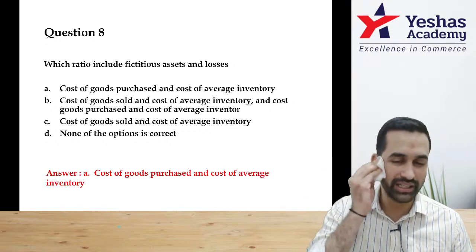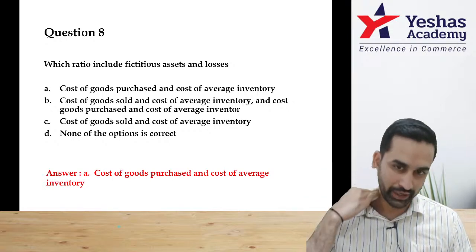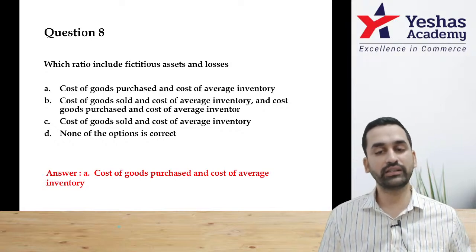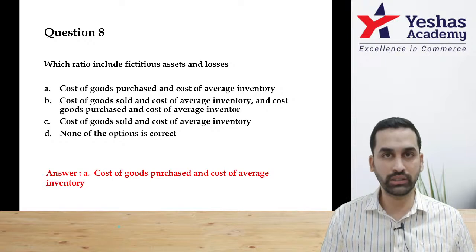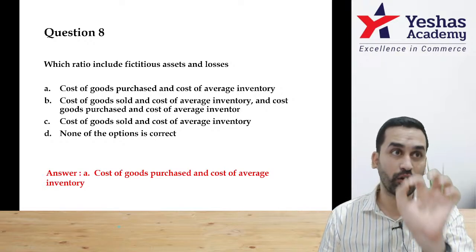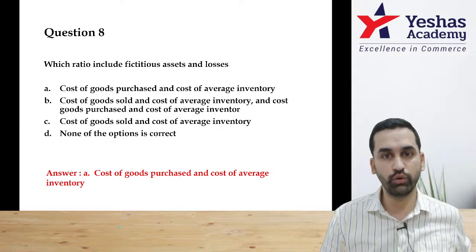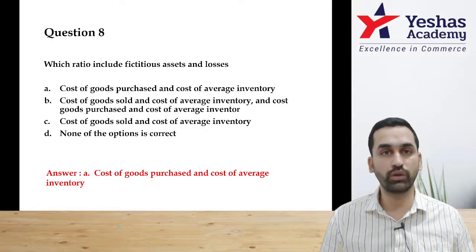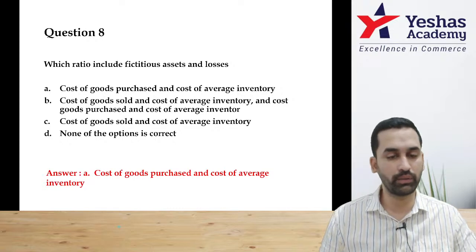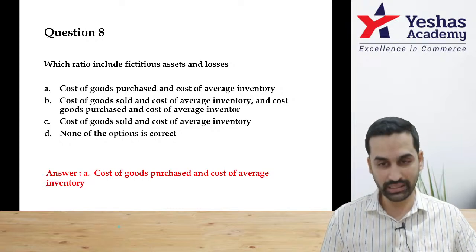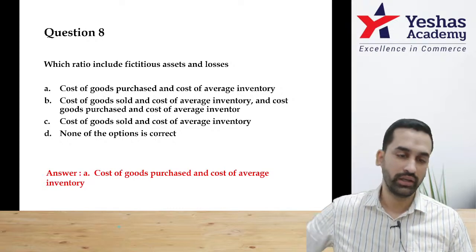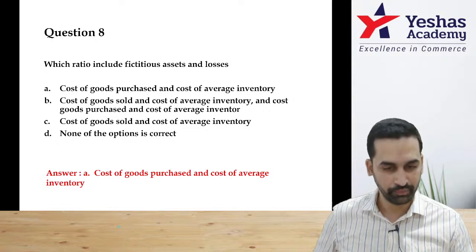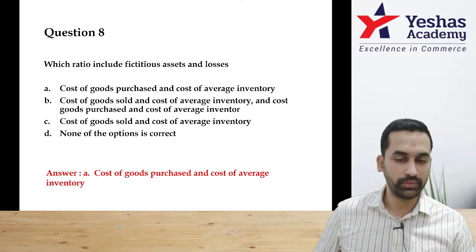According to me, the question is not very clear here. Fictitious assets and losses. If I go by the understanding that fictitious loss means opportunity cost, that is the carrying cost C that you use in the EOQ formula, then it is based on what you purchase, not what you sell. Therefore, they have gone by cost of goods purchased and cost of average inventory. Therefore, the appropriate answer would be A. I hope this is clear.